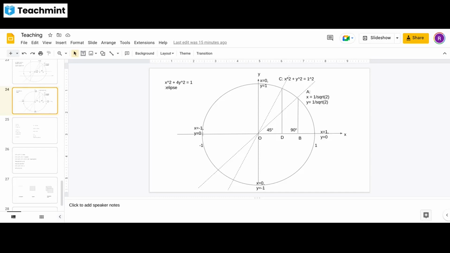At 0 it will be 0. At 90 it will become 1. At 180 it will go back to 0. At 270 it will become -1. And at 360 it will become 0 again. Again it will go back to 1, then 0, -1, like that. How will it look?